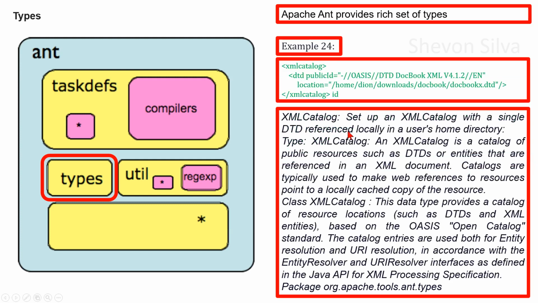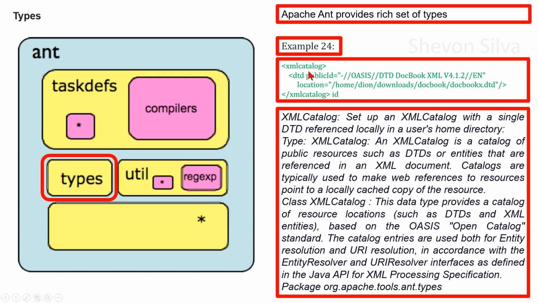Now we are considering XML catalog. Here we set up an XML catalog with a single DTD referenced locally in a user's home directory. The type XML catalog.